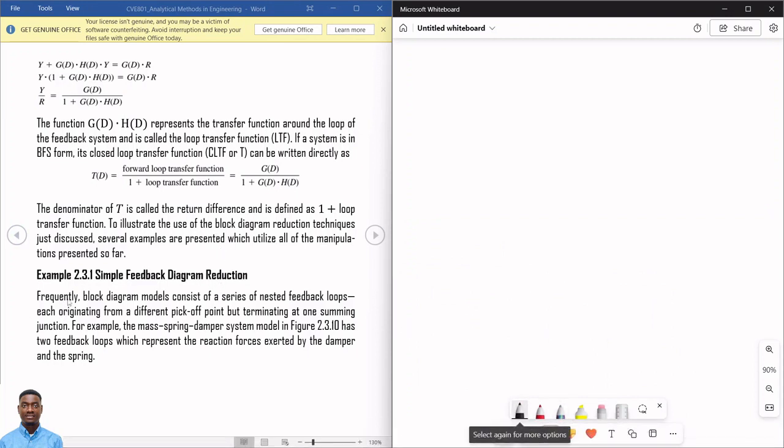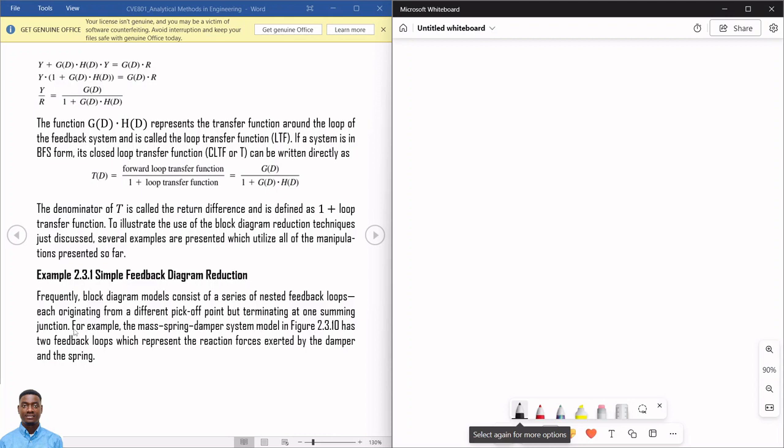So this is an example. You have nested feedback loops in the majority of block diagrams. So you have pick-off points, you have a lot of blocks there.